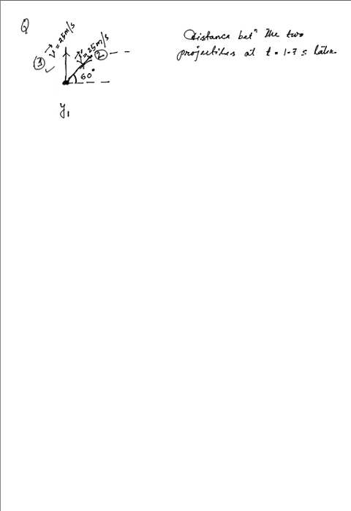Now y1 is the displacement along the vertical line, and so that can be given from the equation of motion, s is equal to ut plus half at squared. In this case, y1 is the displacement along the vertical direction, which is against the gravitational force, though you have the initial velocity equal to 25, and the time that you are obtaining it for is 1.7 seconds later, and obviously you have the acceleration to be negative.